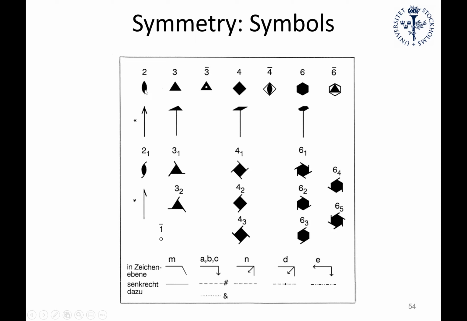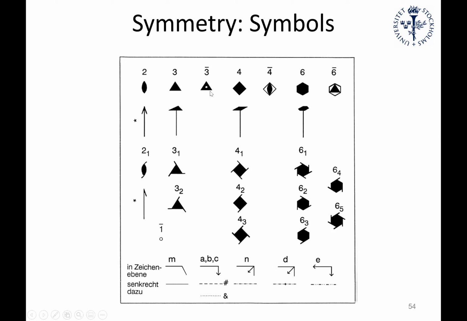This first row shows rotation and roto-inversion axes going into the page. The next row, these arrows, still correspond to rotation and roto-inversion axes, but now axes that are parallel to the plane we're looking at, running up or down, let's say.